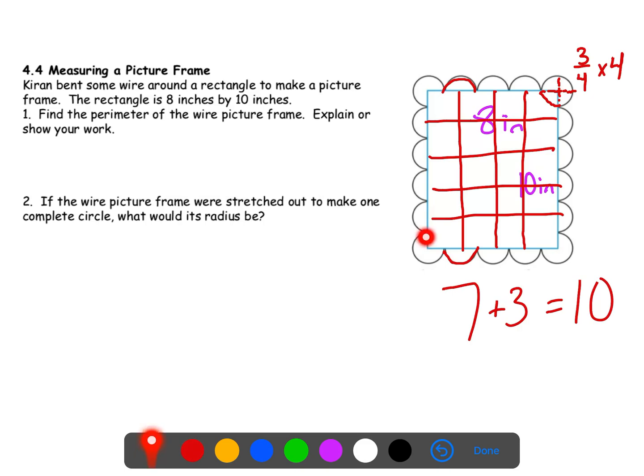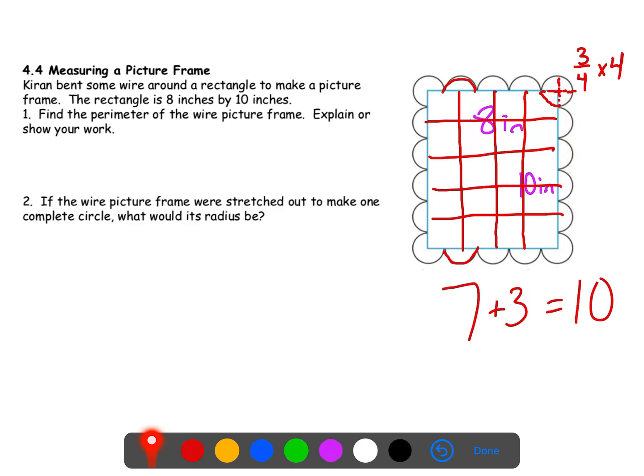10 whole complete circles are representing the wire around this picture frame. They're just in pieces. That's not important though. The pieces aren't really a concern. We just need to know the perimeter of the wire picture frame. So if I take a half here and a half here and combine it, that's fine as long as I represent every shape going around the outside edge.